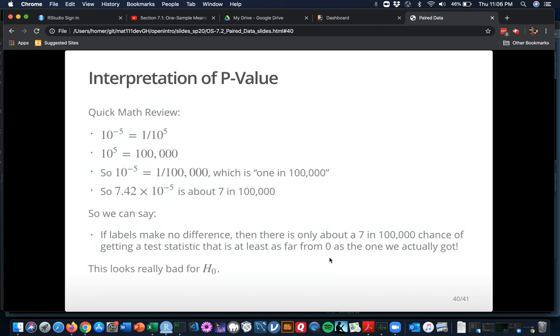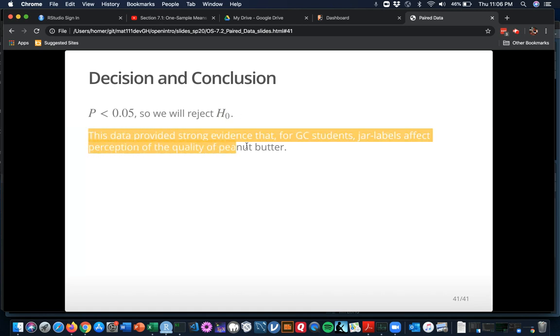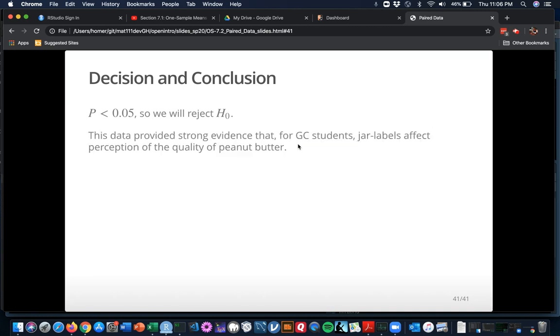So this looks, again, really bad for the null. The p-value is way less than 0.05, so we're going to reject the null hypothesis. And our conclusion is that this data provided really strong evidence for the alternative, that for Georgetown College students, the jar labels affect the perception of the quality of peanut butter.